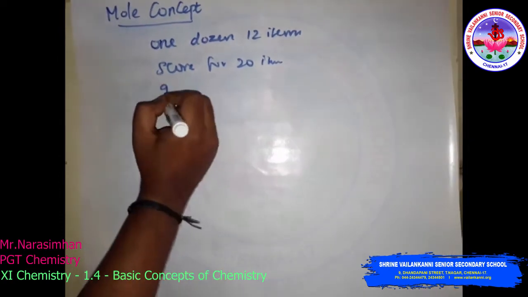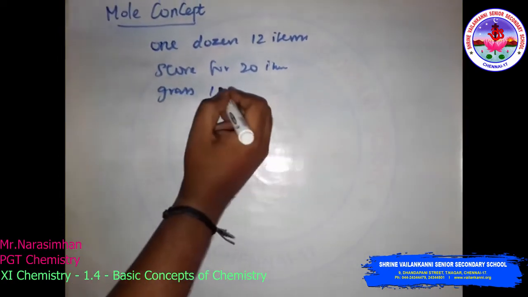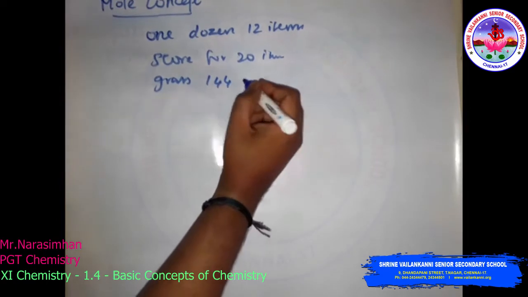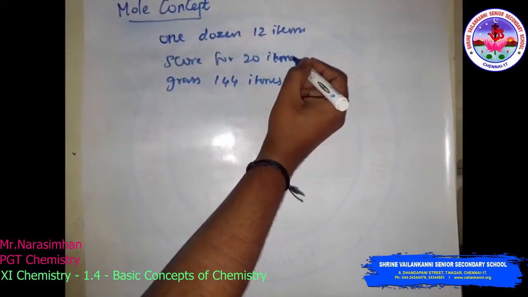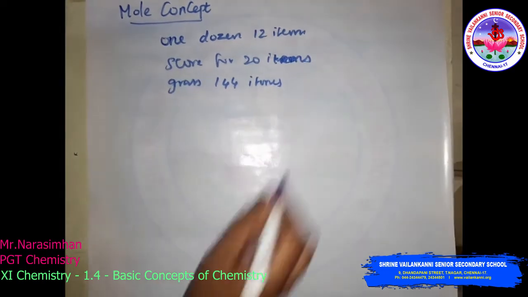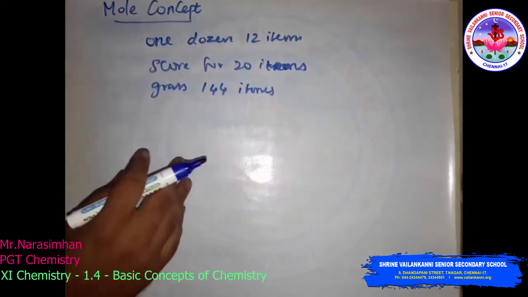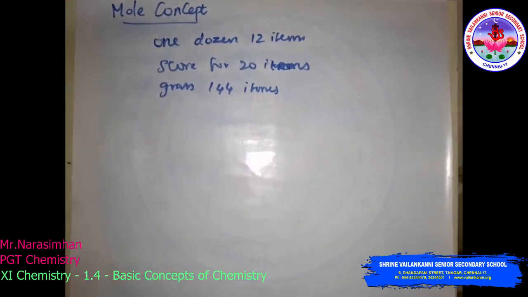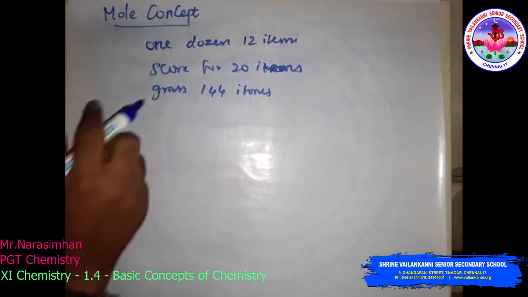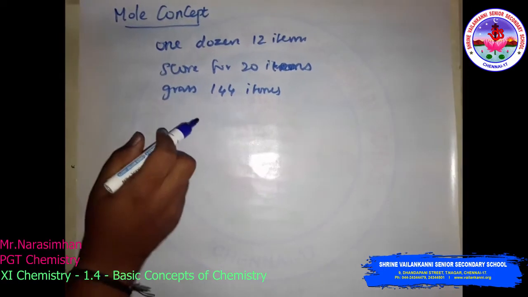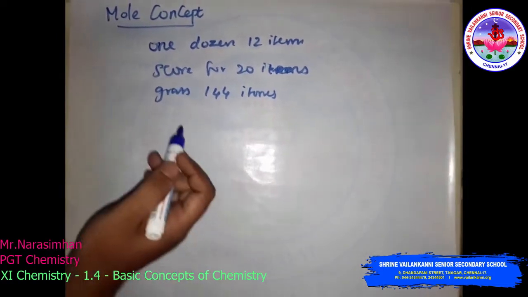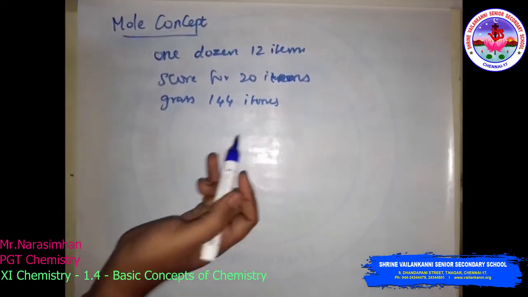Gross is 144 items. In such a way, we use this idea of the mole to count entities at the microscopic level, that is atoms, molecules, particles, electrons, ions, whatever it is.